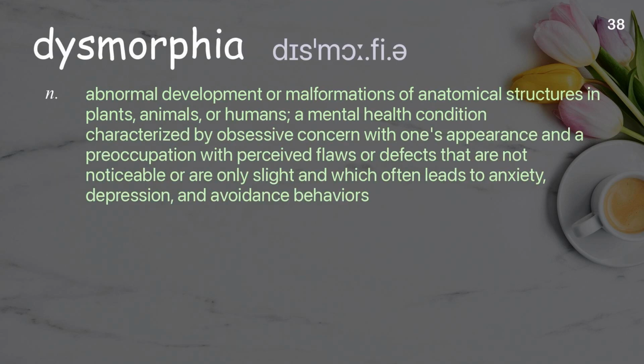Dysmorphia. Abnormal development or malformations of anatomical structures in plants, animals, or humans, a mental health condition characterized by obsessive concern with one's appearance and a preoccupation with perceived flaws or defects that are not noticeable or are only slight, and which often leads to anxiety, depression, and avoidance behaviors.